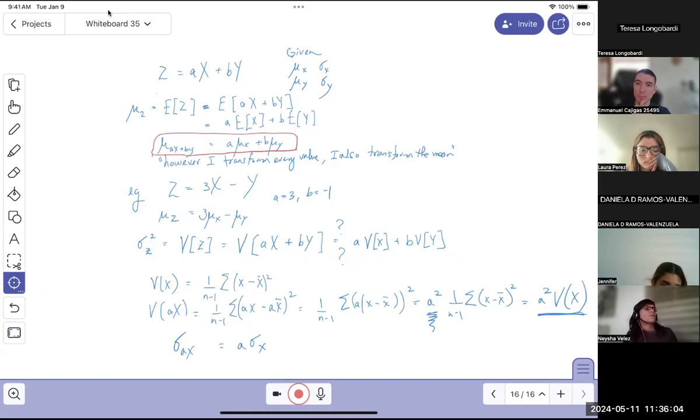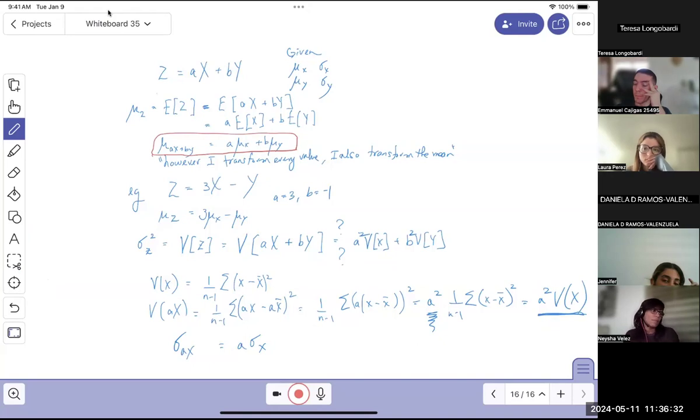What should I do? What's wrong with this? What's missing? The square. So the square is missing for starters.